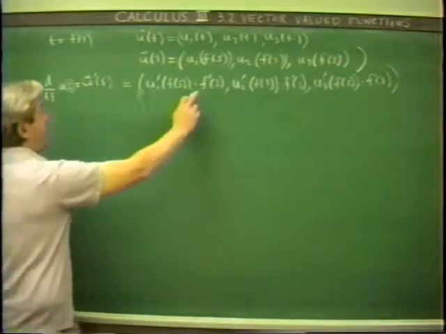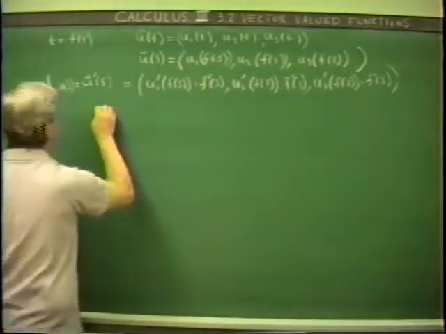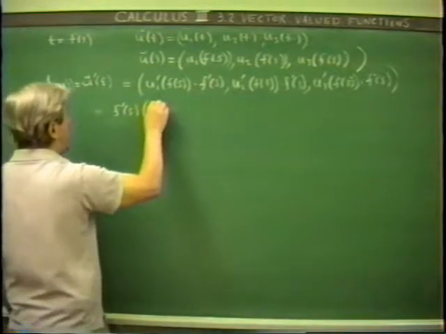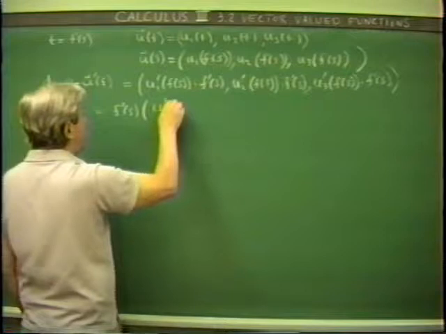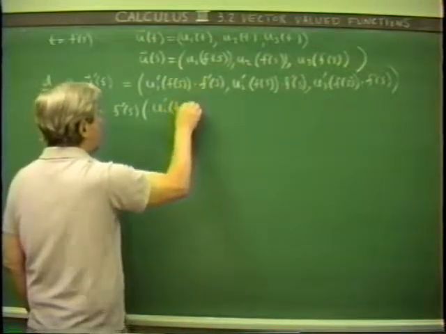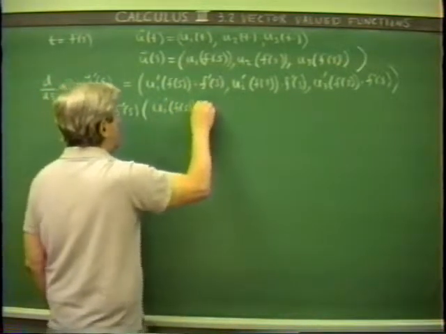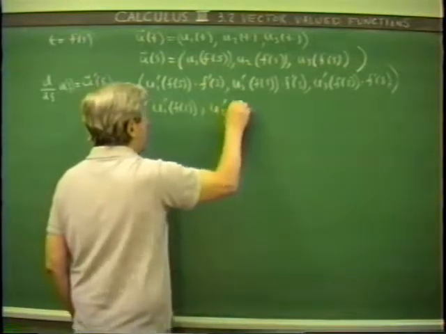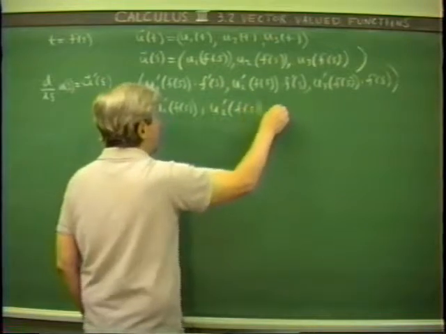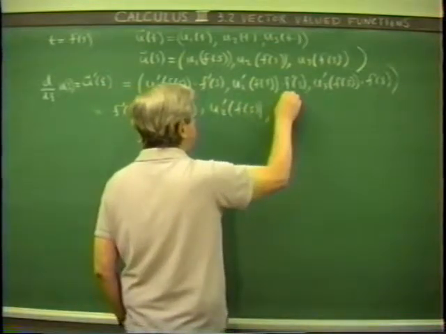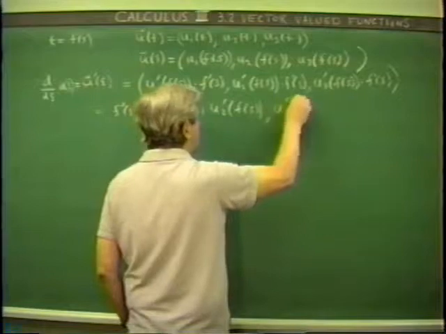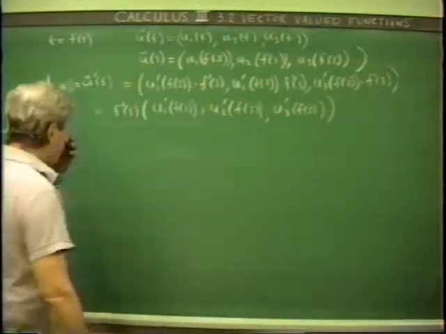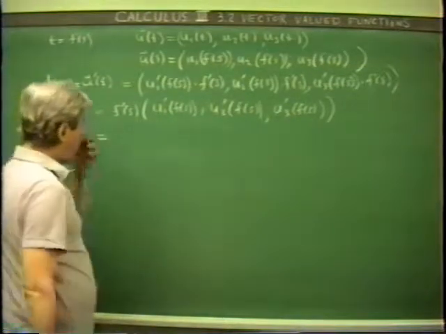Each of these terms has got f prime of s in it, so we can bring that out and write this as f prime of s times the derivative of u1 at f of s, derivative of u2 at f of s, and so on.